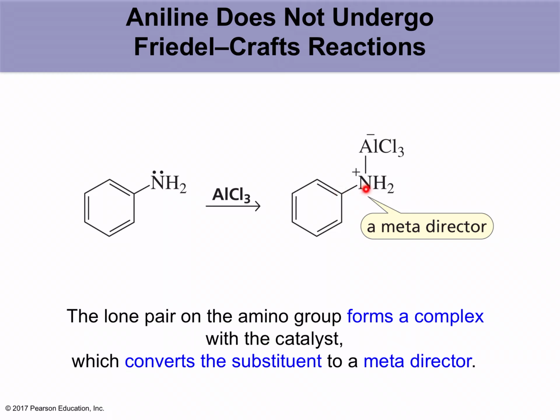As a result, this is a meta director, meaning it deactivates the benzene ring. So the lone pair on the amine group forms a complex with the catalyst which converts a substituent to a meta director. So meta directors will not undergo Friedel-Crafts reactions because they are deactivating.